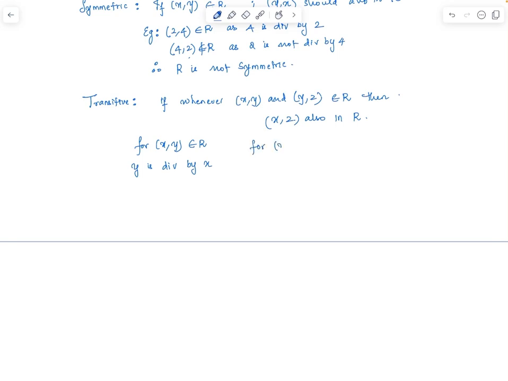For (y, z) in R, this implies z is divisible by y.